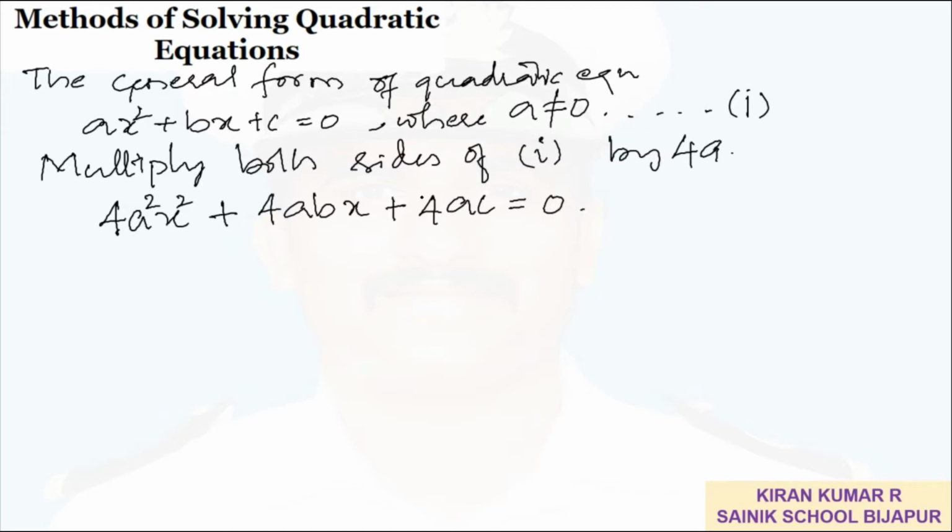Yes, you must be thinking, why did I multiply 4a? Just observe the first term of the general form of quadratic equation, ax square. If I multiply 4a to that, it becomes a square number, 2ax whole square. That is the reason why I have multiplied 4a on both the sides.